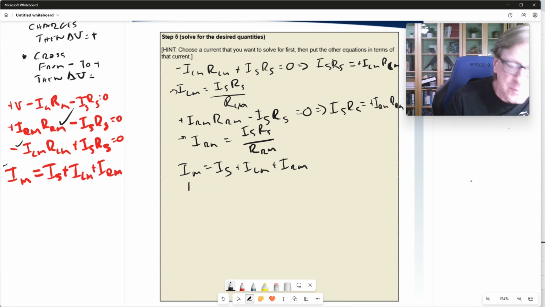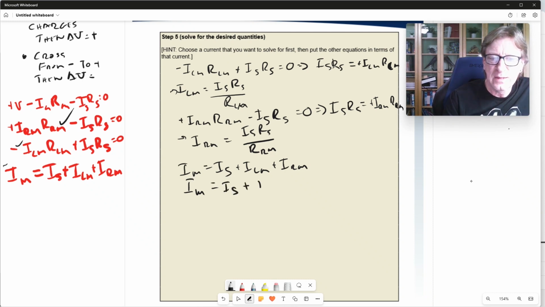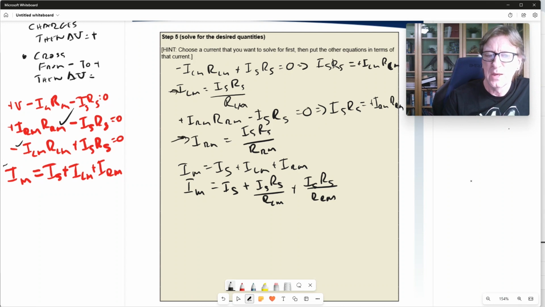So we're going to solve for IM. It is IS plus IS RS over RLM plus IS RS over RRM. And I took that from these two places up here. I'm going to factor that out just a little bit to make this easier.